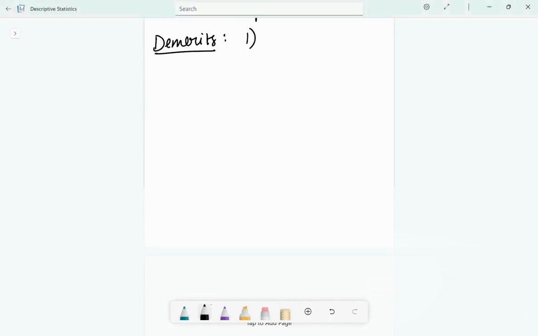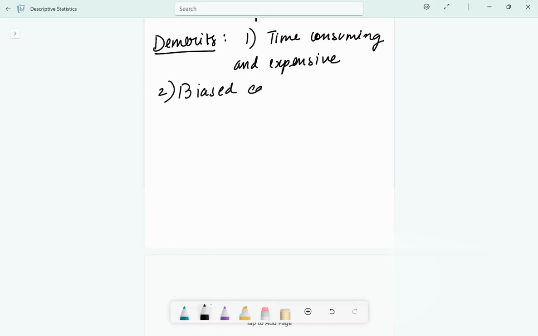First, it will be time consuming and expensive to conduct. Next is bias can be a major part, biasedness. This happens, right? Biasedness happens.